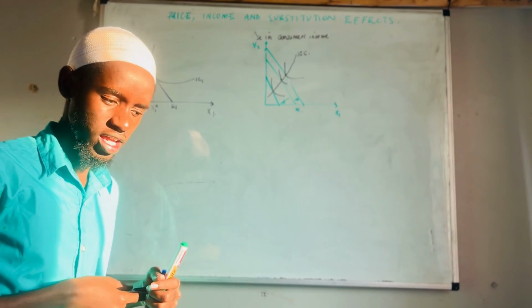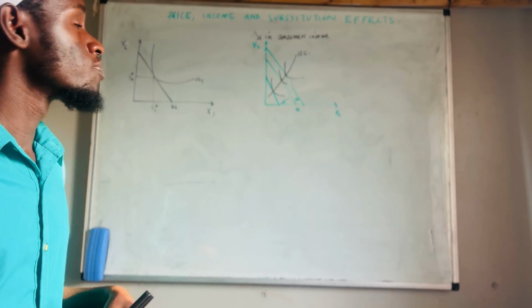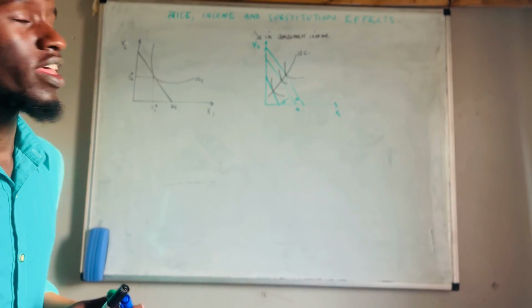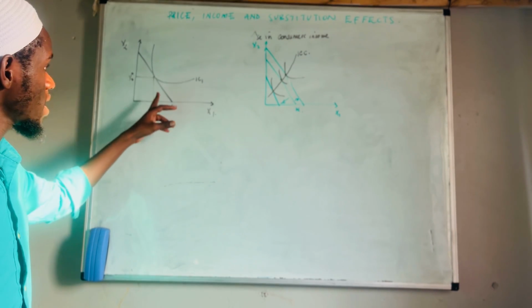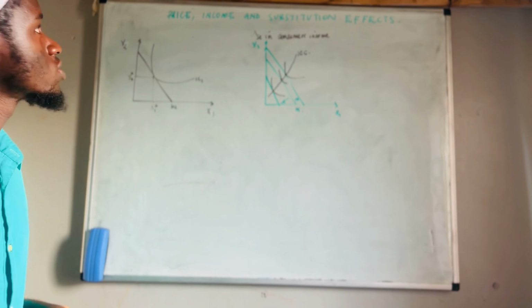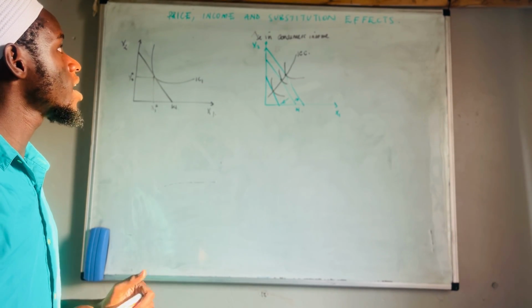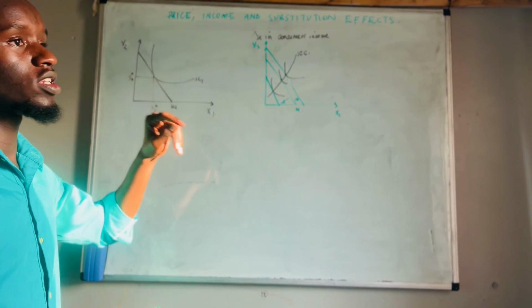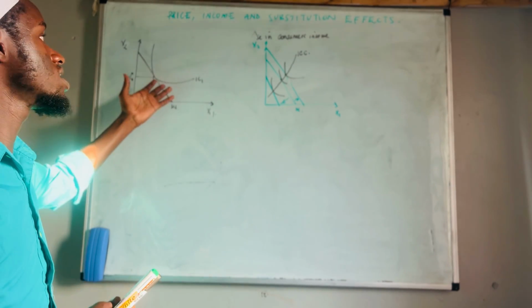I'm saying once again, in consumer theory, we are just concerned with two things: a budget line and an indifference curve. Today, we want to see how price change, income, and substitution affect the indifference curves.